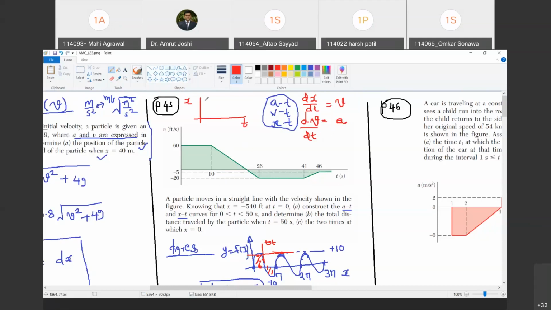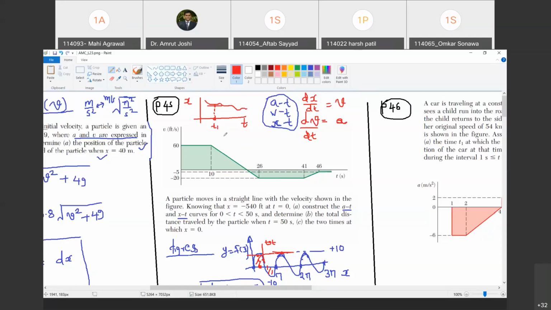If the position versus time diagram is something like this, so at t equal to t1, what is dx by dt? Dx by dt is nothing but the slope of the tangent drawn at that point at t equal to t1 to this xt diagram. Do you agree with me? Yes, sir. And that is nothing but velocity at time t1. Are you with me? Yes, sir.